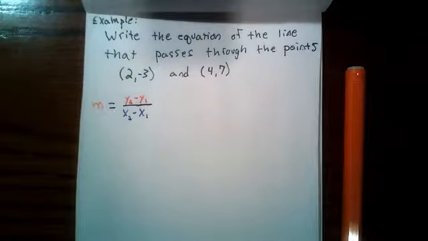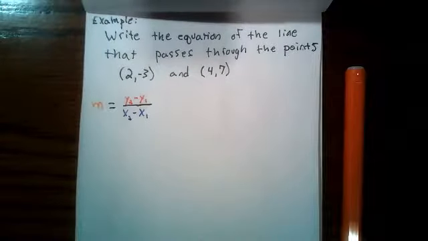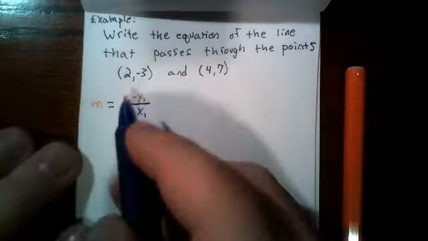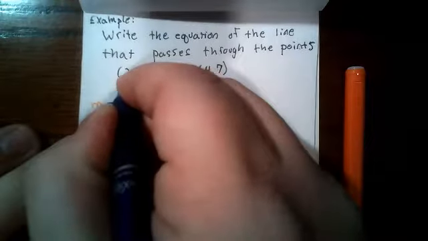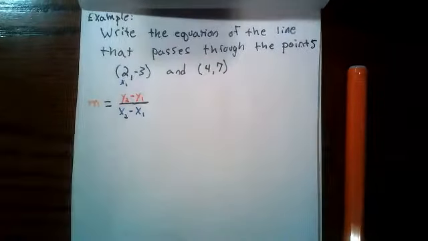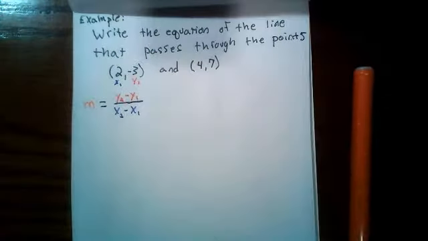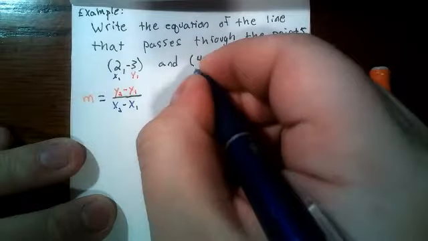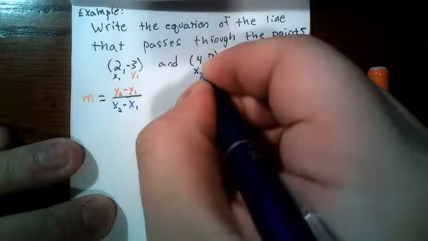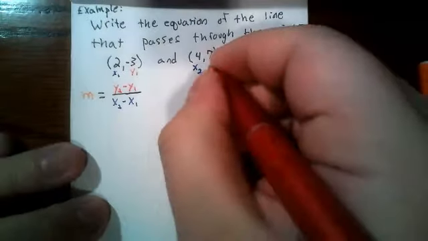Alright, that's the slope formula. And in order to use this formula, I need to find my x and y values. Right? So this here, (2, -3), this is going to be my first x, my x1, and my first y, my y1. This here, (4, 7), that's going to be my second x, which is my x2, and my second y, y2.